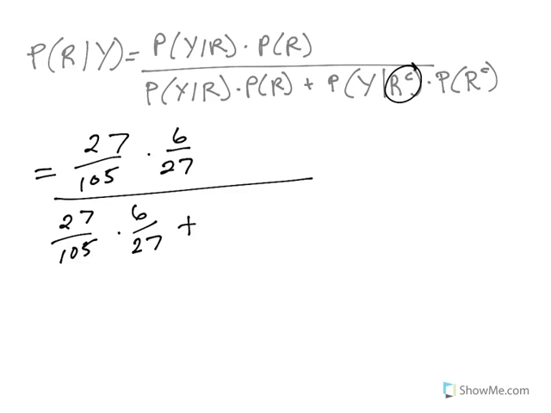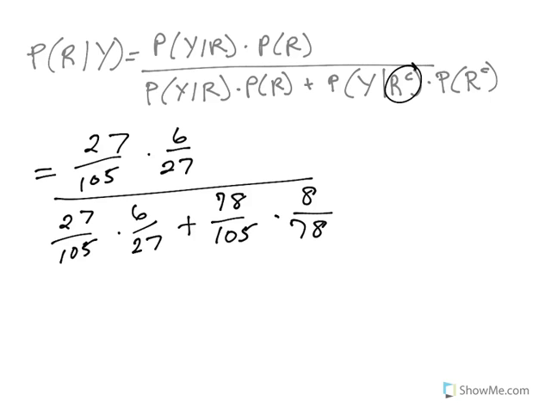That would mean 105 minus 27 is 78. So the probability of yes given the red complement is 78 over 105. And the probability of red complement means everything that's not red. Again, if there are 105, there are 78 that are not red.